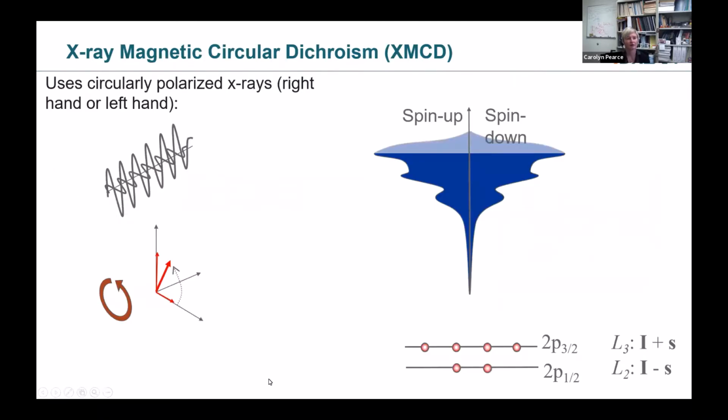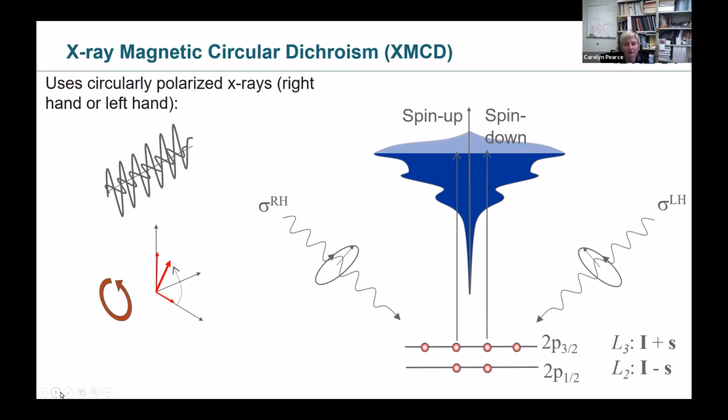So the final technique that I want to go through is X-ray magnetic circular dichroism, which takes advantage of synchrotrons being able to generate circularly polarized light, which is not something we can do currently in the lab. And so you can excite the 2p electrons either with right-hand or left-hand circularly polarized light, and that will preferentially excite either the spin-up or the spin-down electrons.